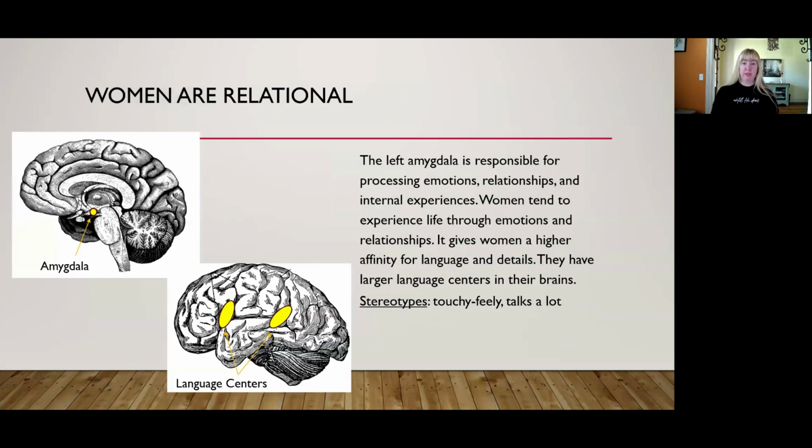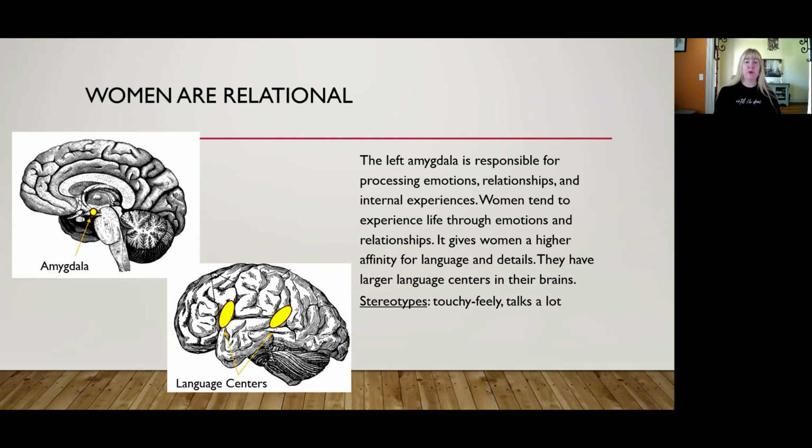So women mirror this. While men have a larger, stronger right amygdala, and they tend to use that right amygdala more, women are the mirror. They use the left amygdala. They have a larger one, they use it more. So, like I said before, if the right amygdala scans the external environment, the left amygdala is scanning the internal environment. The left amygdala is processing emotions, relationships, those internal experiences.